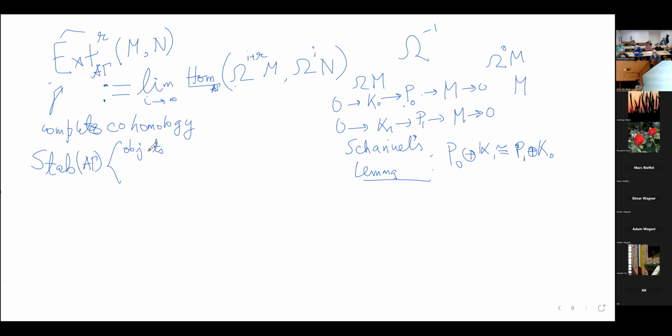The objects are all A gamma modules. And the morphisms are given by X hat 0.